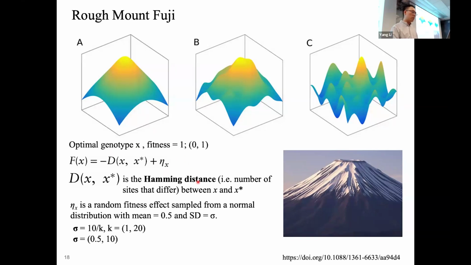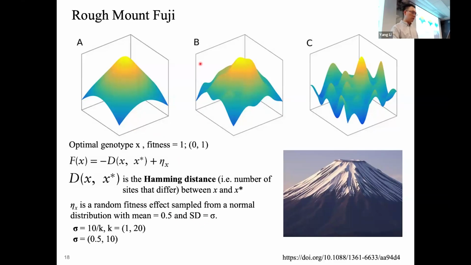That means the number of sites that are different, and their fitness might be different. And we introduce random fitness effects by delta, which is the standard deviation. So we arbitrarily introduce variance to create a lot of high-rugged or low-rugged landscapes.